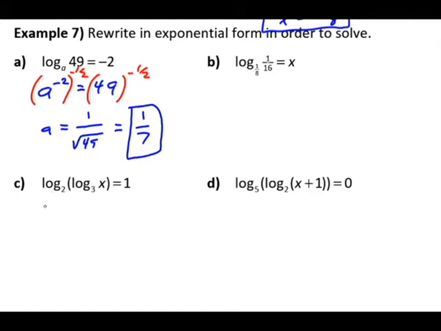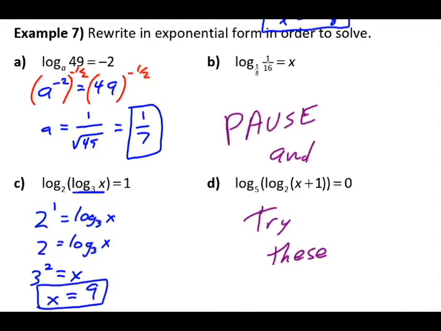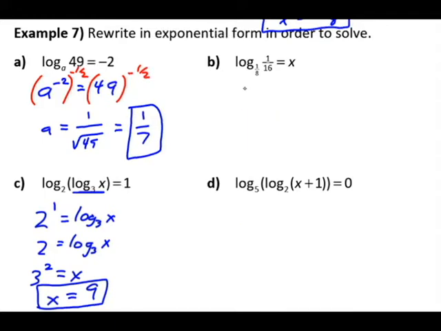We're still going to use exponential form. So 2 to the first power equals the input of that log. Now we use exponential form a second time and solve. Pause the video and try B and D. Here are my solutions.